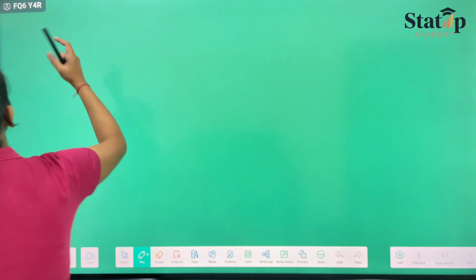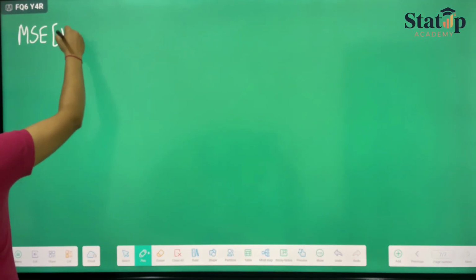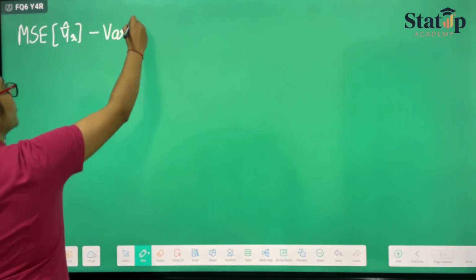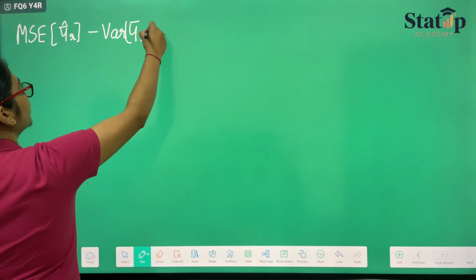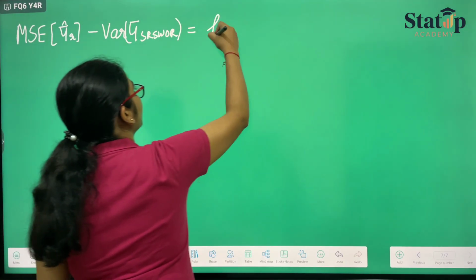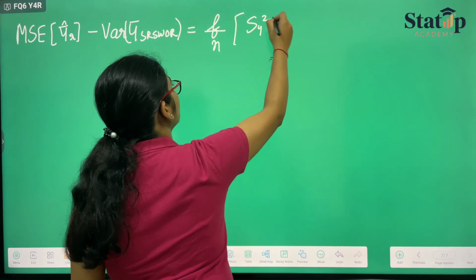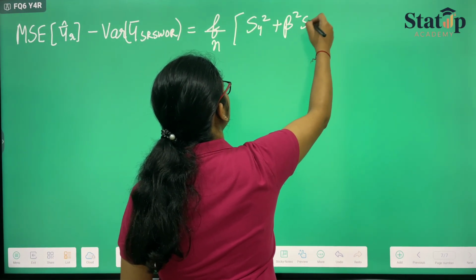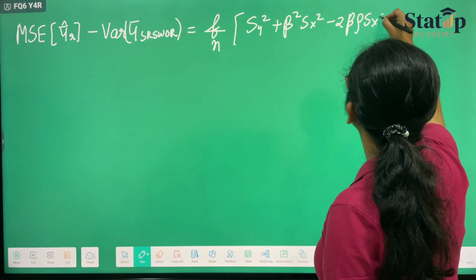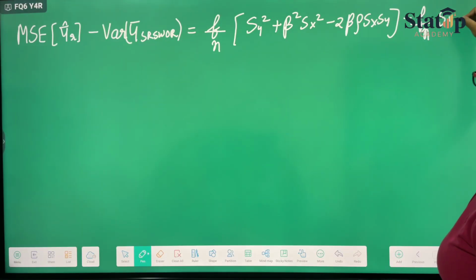We'll subtract MSE of y bar r minus variance of y bar under simple random sampling without replacement, which will be f by n into Sy square plus beta square Sx square minus 2 beta rho Sx Sy, minus f by n into Sy square.